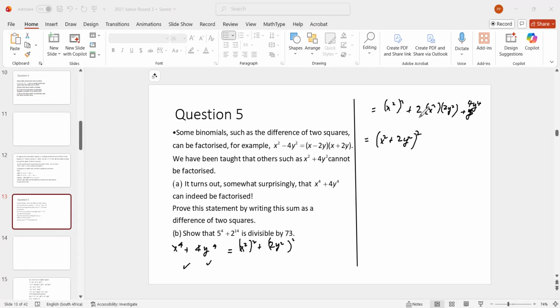But you can't just do this because on the left-hand side, I've got x to the fourth plus 4y to the fourth. You can't just randomly add this object here. You have to subtract it to make the statement true. Right? When you multiply this thing out, you get 4x squared y squared. Now you will see that this is actually equal to the left-hand side. Right? So you put minus 4x squared y squared.